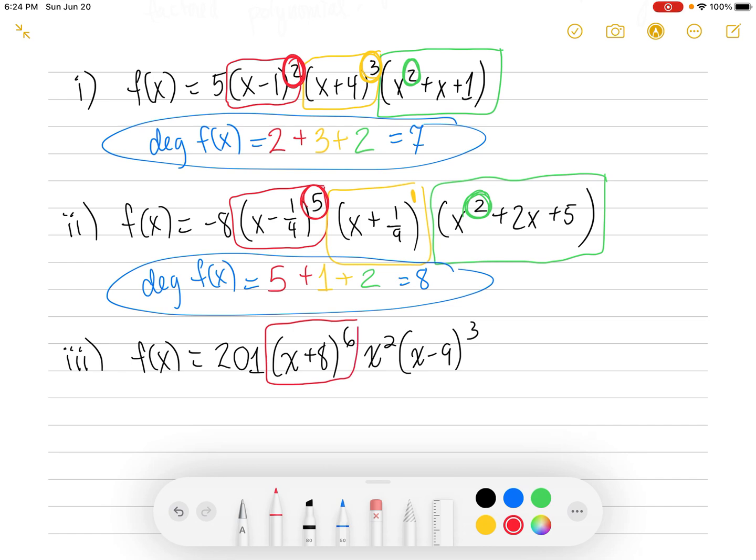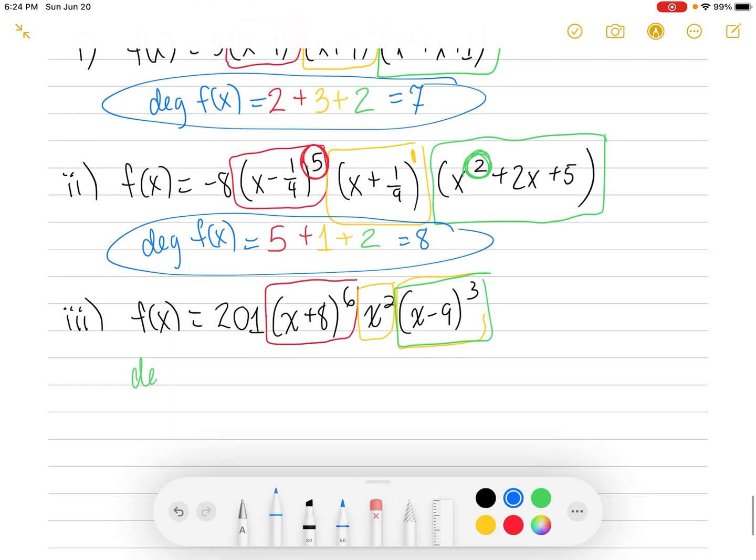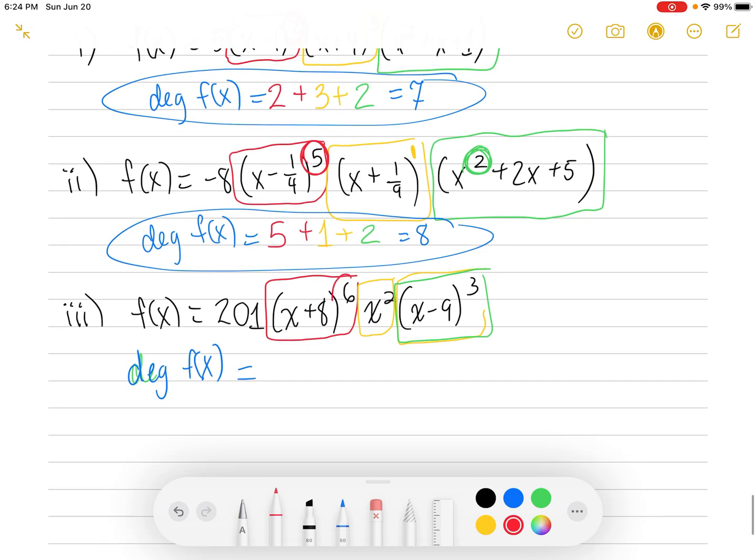So basically, disregarding that coefficient out front of 201, you have a red factor, a yellow factor, and a green factor, these 3 major factors coming into play. I wanted to find the total degree of this polynomial, the degree of f of x.